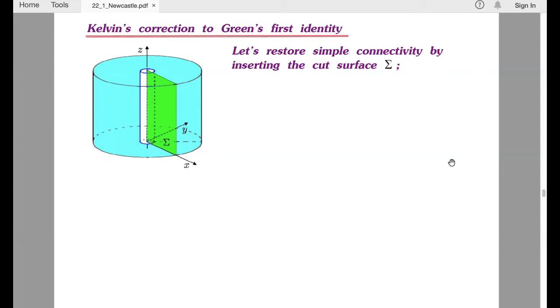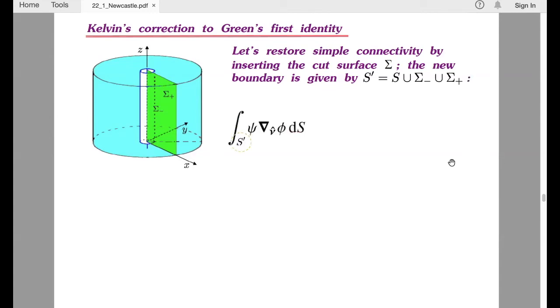And now the new volume is reduced to a singly connected region. Let's restore simple connectivity by inserting the cut surface sigma, and we have a new boundary now. The new boundary is given by the two sides of this green sheet. One side is sigma minus, the other side is sigma plus, exactly as we did for the cut Q. Okay, we go back.